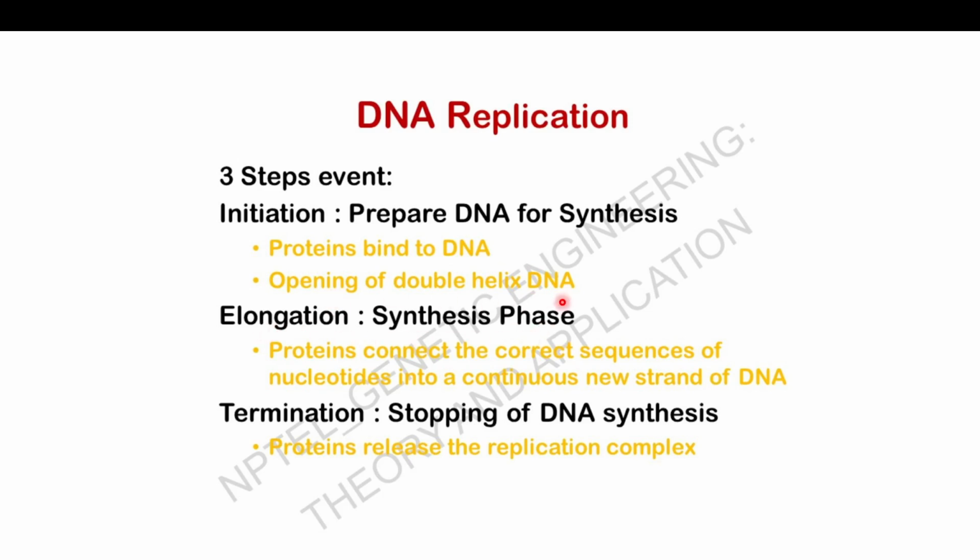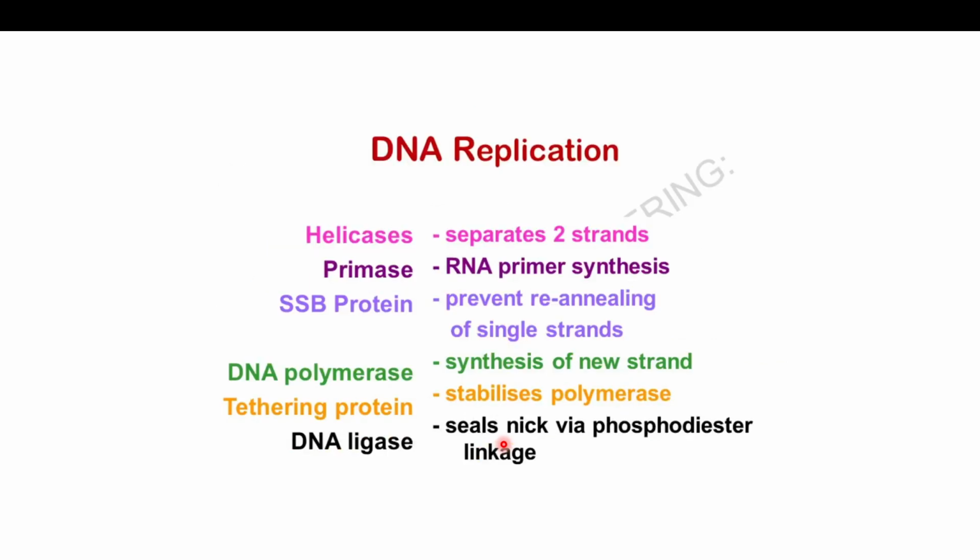Then there's elongation, which is the synthesis phase where enzymes connect the correct sequences of nucleotides in a continuous new strand of DNA. And then there's termination, where the DNA synthesis stops, again due mostly to the action of different kinds of proteins.